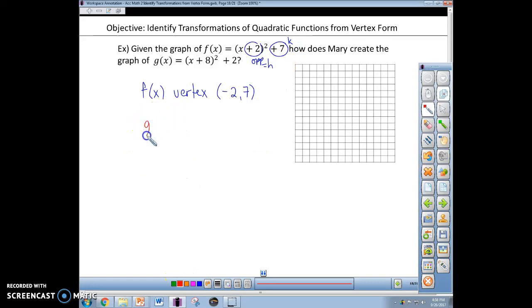And for g of x, the vertex there would be (-8, 2). So taking the opposite of the +8 would give us that h value, and the same as that +2, that's the k value. So now looking at graphing each of these.